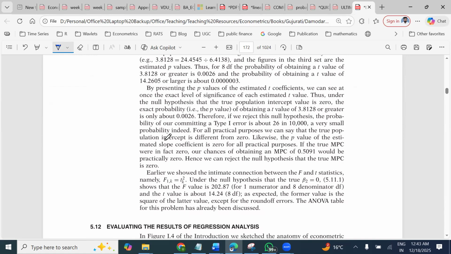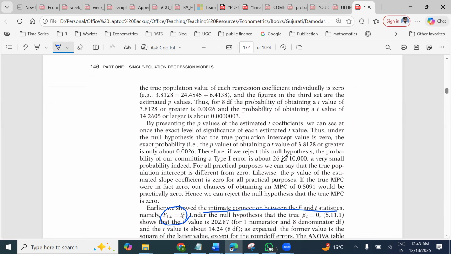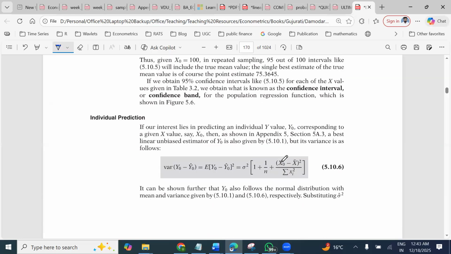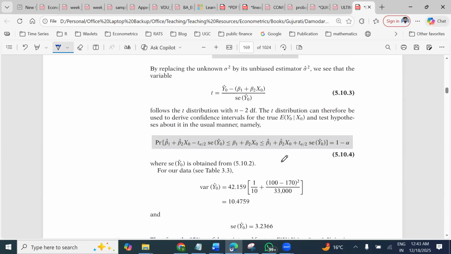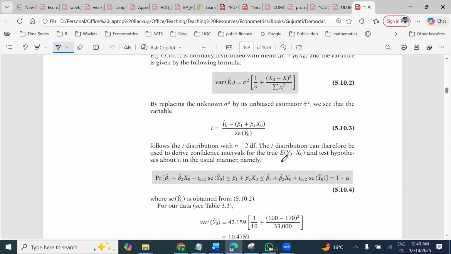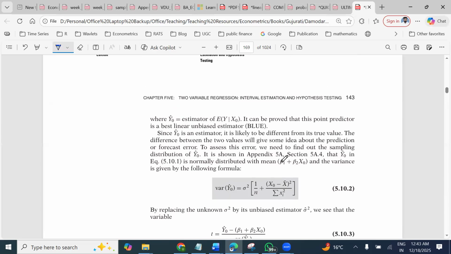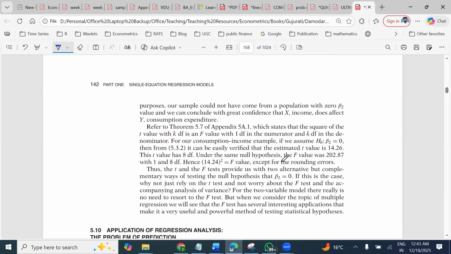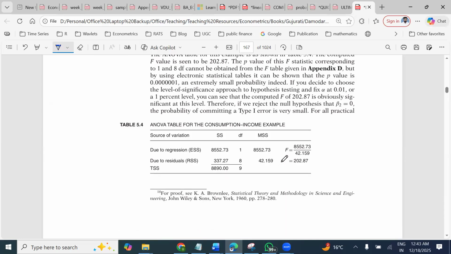Evaluating, again here it is given: we showed the intimate connection between F and t statistics. Are you getting, Sangeeta? It came again. Yes, sir. Okay, no problem, I'll show you. Actually, the t distribution has n minus 2 degrees of freedom. I don't know where n minus k comes from. The question was a little tricky over there.